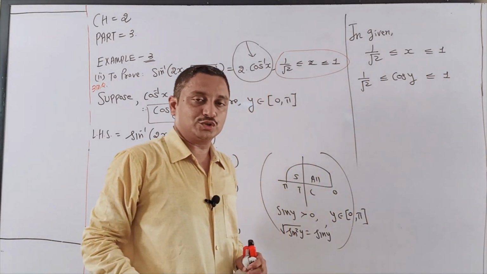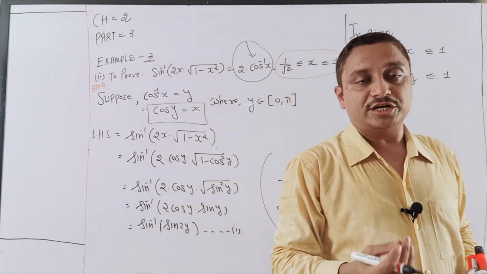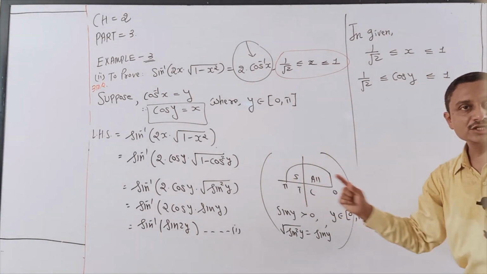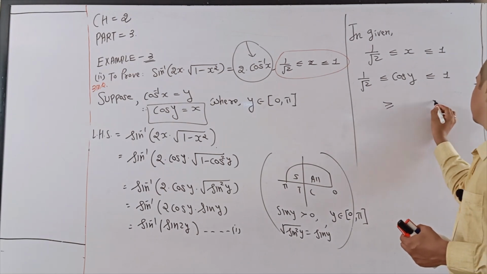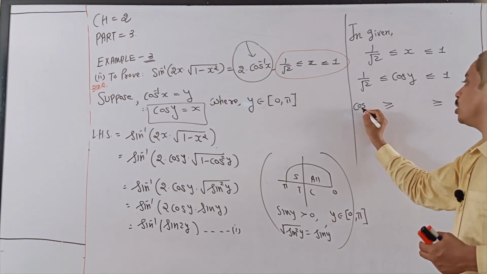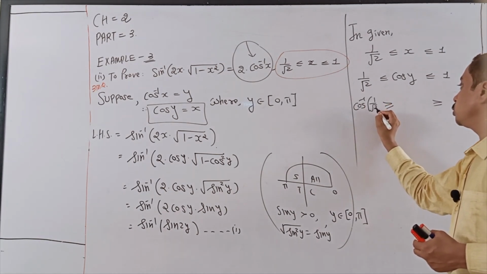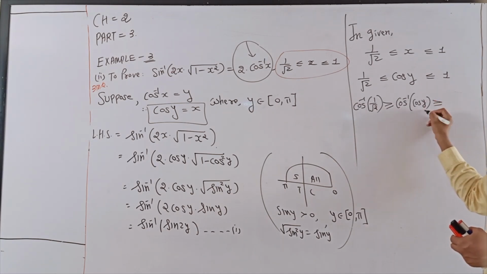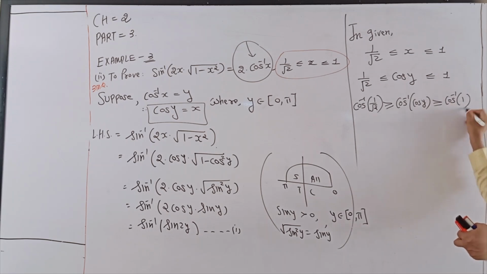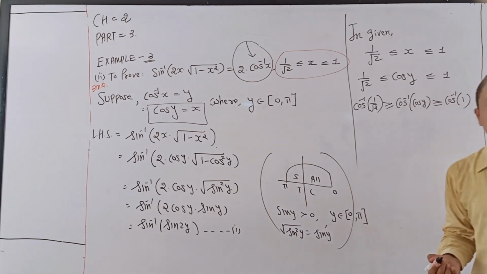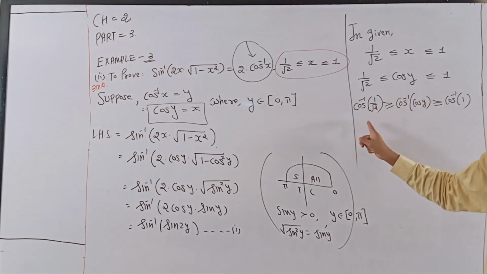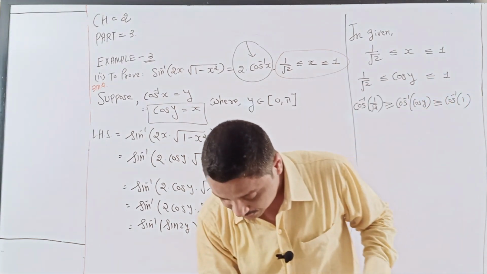Now generally known students, cos function is a decreasing function in that interval 0 to pi. So here the inequality changes. If you apply the cos function to each term, it is a decreasing function. That's why the inequality changes. Now tell me, when is cos 1 by root 2, students?